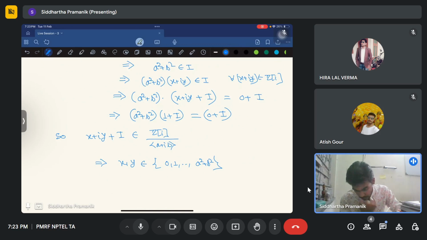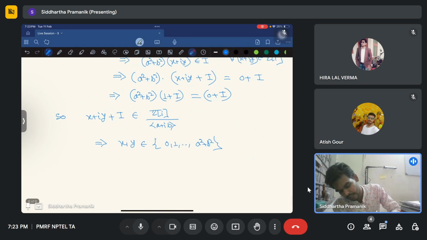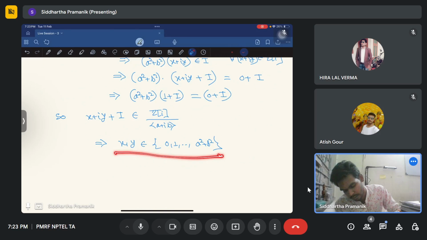Because all other terms can be written the same way, all other cosets will fall in this coset itself. So both x and y have finitely many choices. So all these elements have finitely many choices.